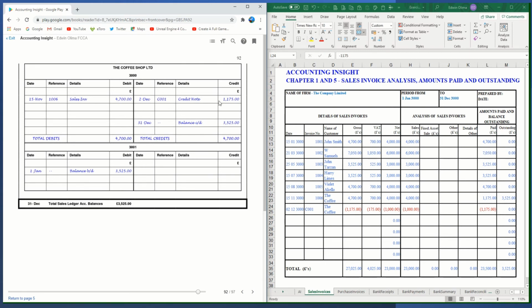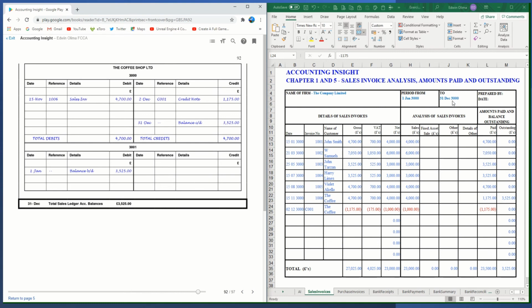So you take that away from that and you're left with a balance to pay of 3,525. You close off the accounts, you can see the total balances, and you bring that balance down here, and it's the coffee shop's balance on the 1st of January, 3,001. The coffee shop still owes the business 3,525, which you can see is the same result we got here.